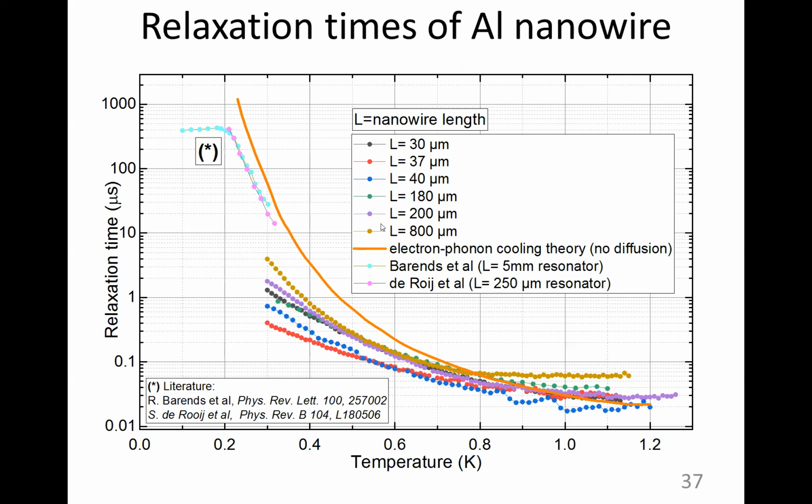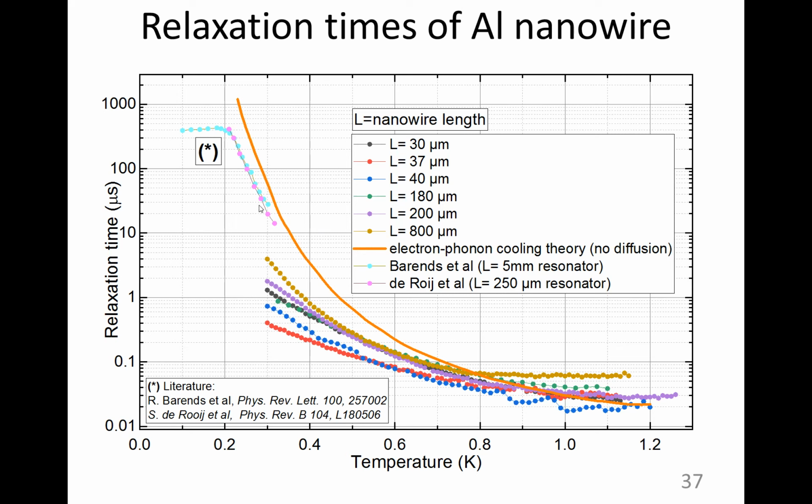And these are the measured relaxation times for the nanowires of different lengths. We see that longer nanowires, for example this 800 micrometer one, tend to relax much slower than the shorter ones, for example this 37 or 40 micrometers. I also compared our data with the relaxation times measured in the literature.